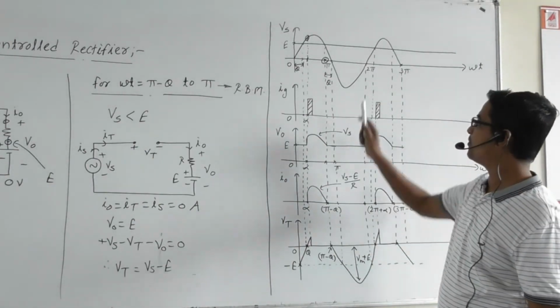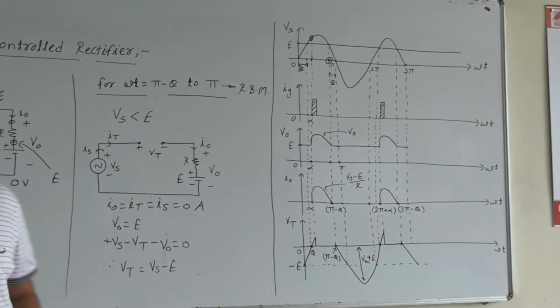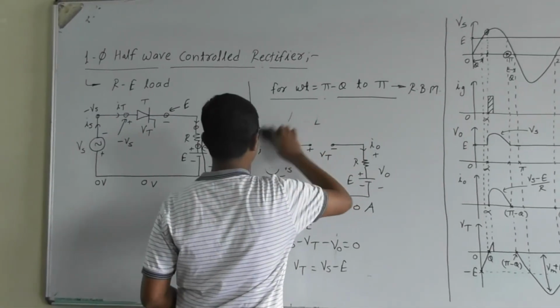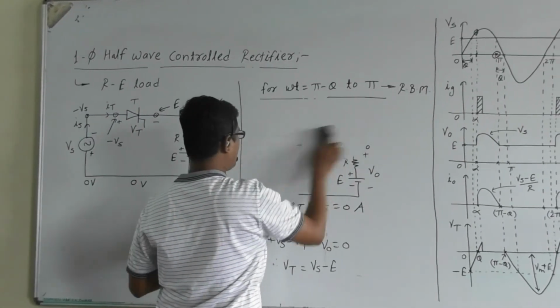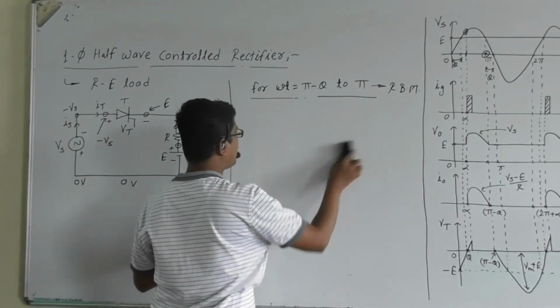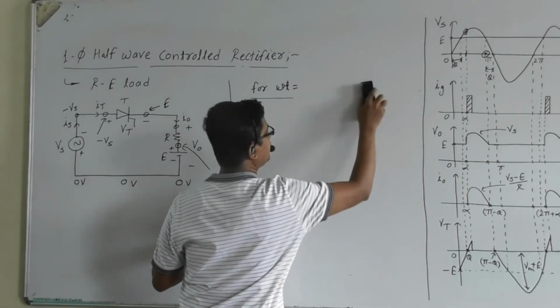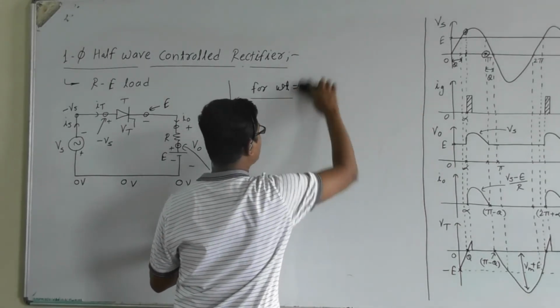Now let us discuss from pi to 2 pi what will happen. Omega t is equal to pi to 2 pi, right? What is supply voltage?